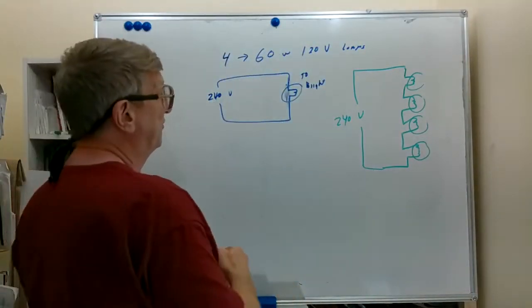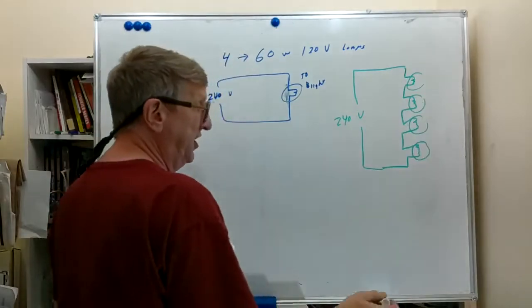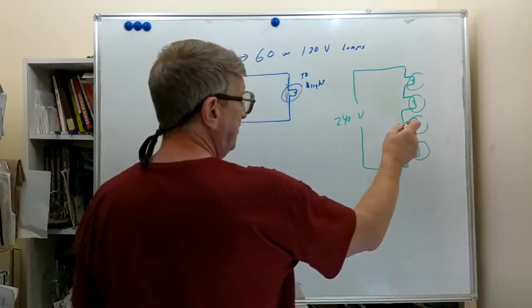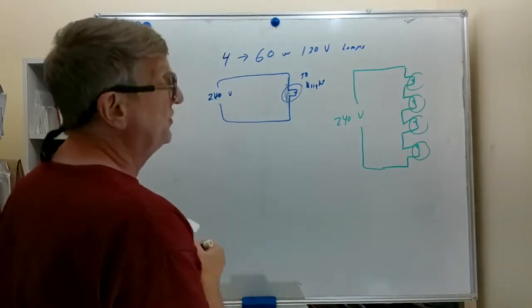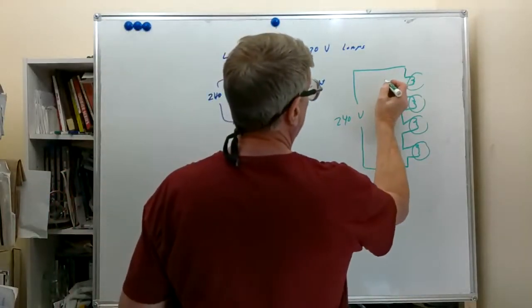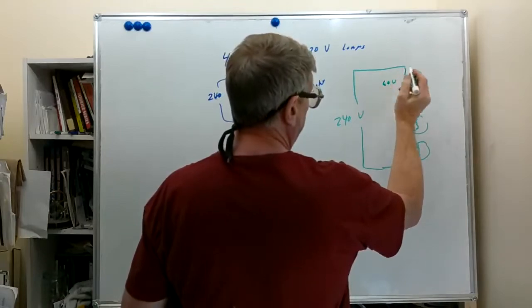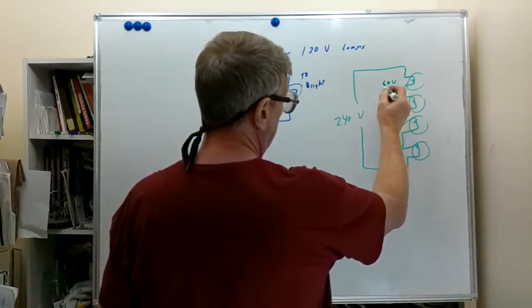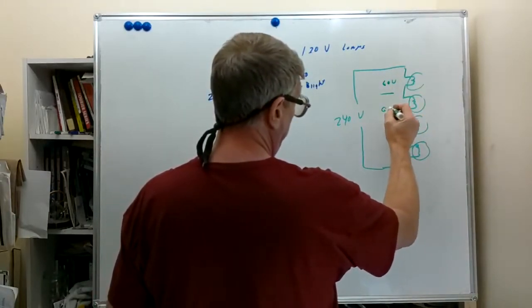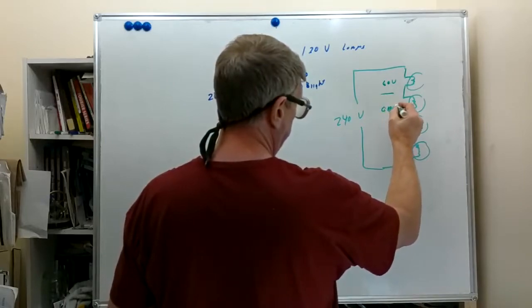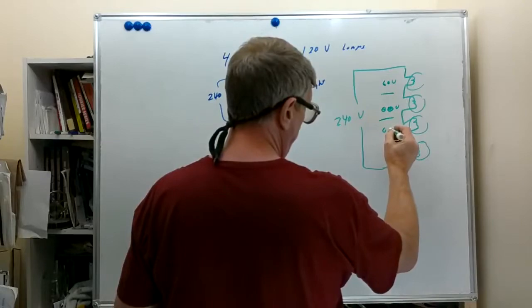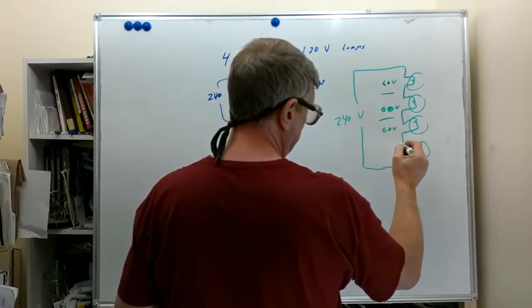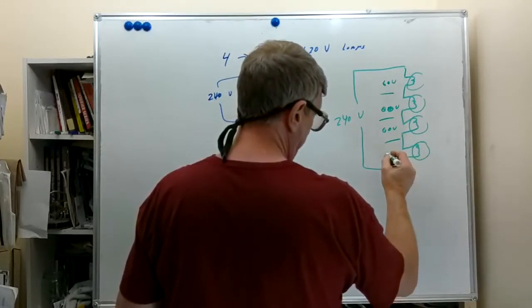But being these are the same wattage and same voltage, the resistance of each lamp filament will be equal, which means the voltage will divide equally amongst them. So we're going to have 60 volts on this one, 240 divided by 4, 60 volts on this guy here, 60 volts here, and 60 volts here.